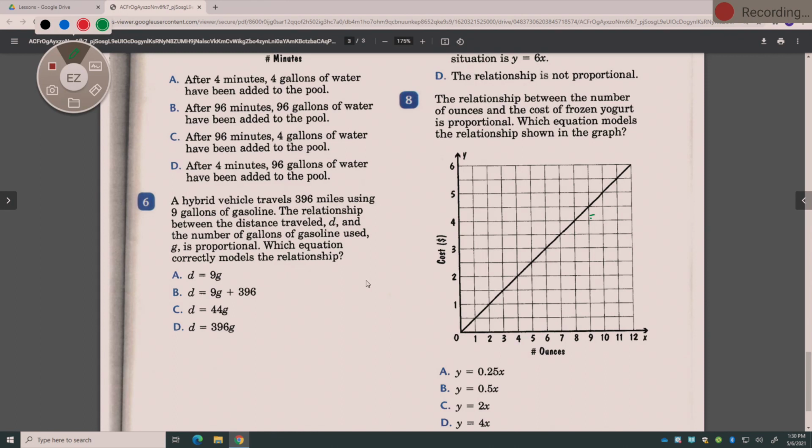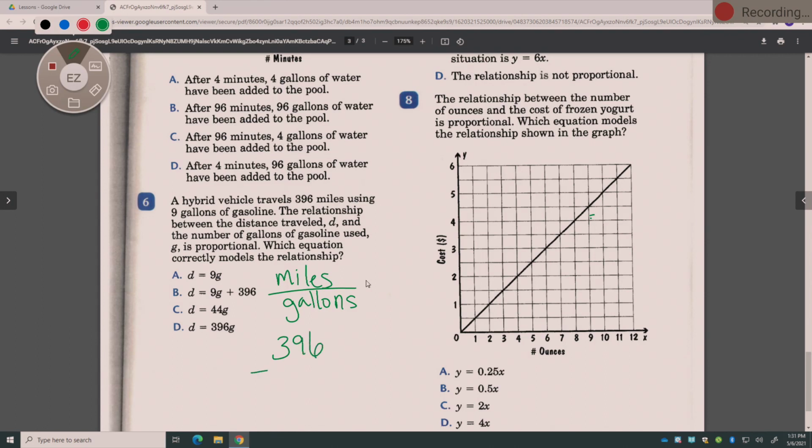So we are looking at miles per gallon, right? If they're proportional, we're looking at miles per gallon. So that means my miles are going to be on top and my gallons are going to be on the bottom.